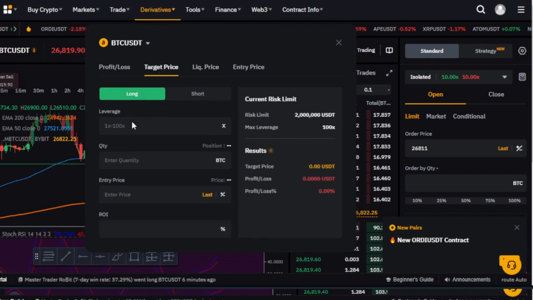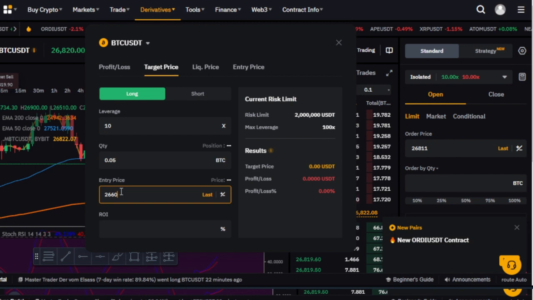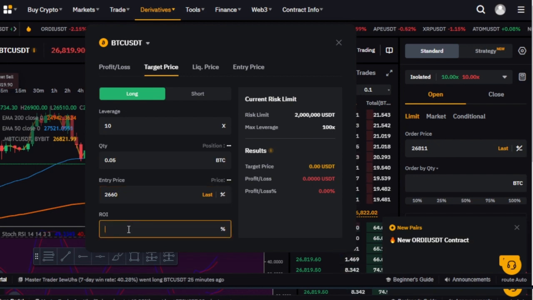Now let's say I want to enter a long trade and I enter my leverage here as 10x. I will equally enter the quantity of Bitcoin that I want to trade, 0.05, and the entering price is 26,600, right? Now the return on investment that I want to achieve, let's say I want 100%.